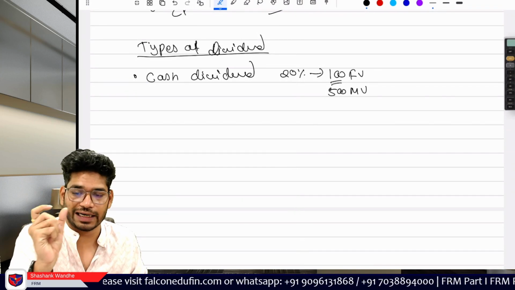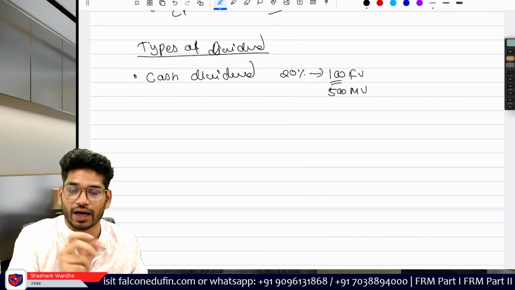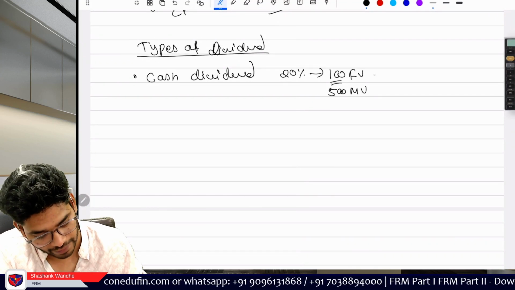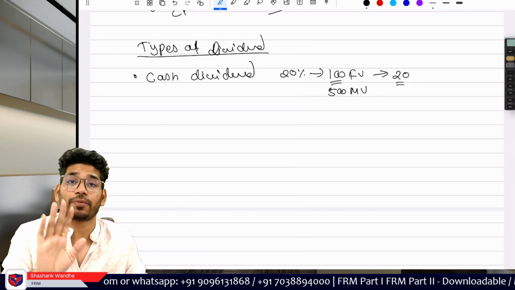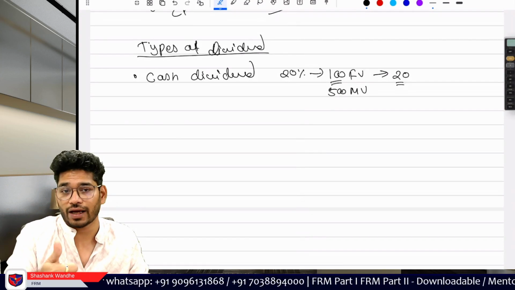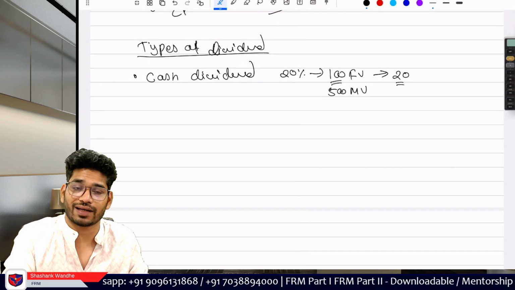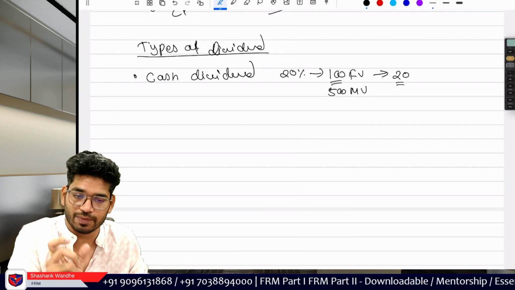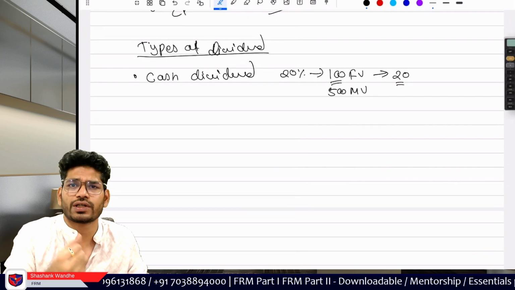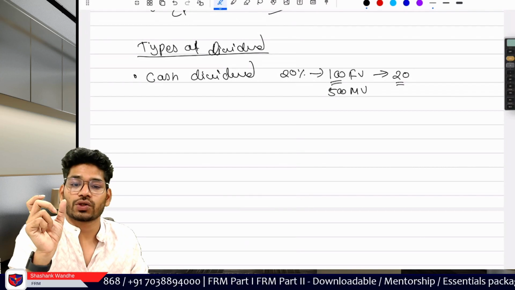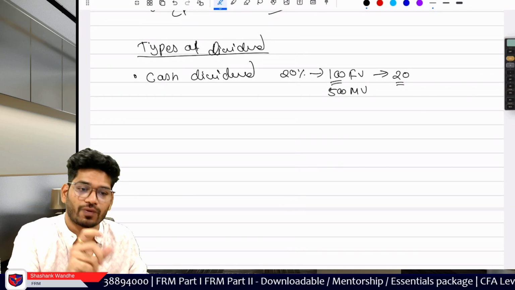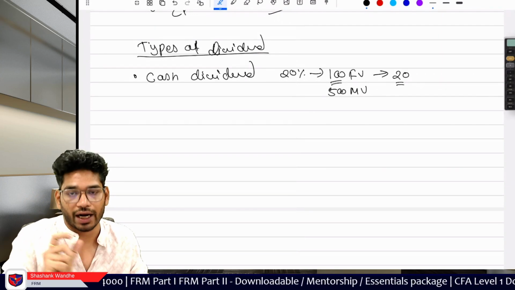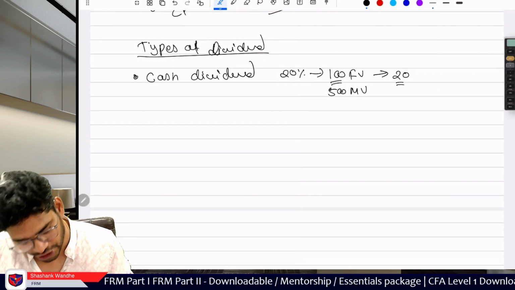Always remember this: a dividend is paid on the face value, not on the market value. So on the face value you will get the dividend, and the dividend is 20. In an exam, if you are provided with market value 500, face value 100 and the dividend percentage, you have to use the dividend percentage on the face value and not on the market value. So this is a cash dividend.